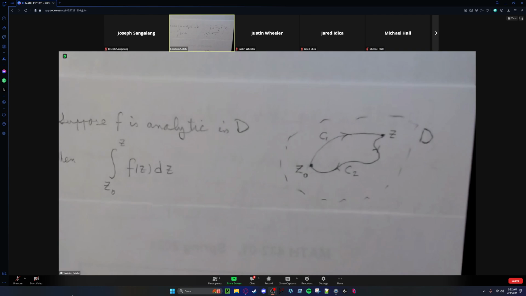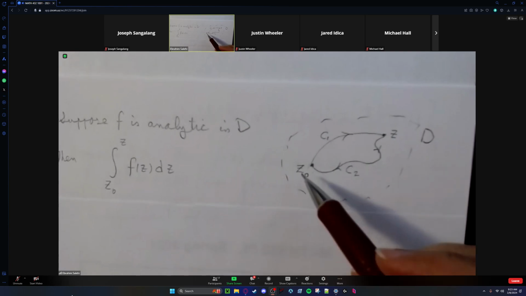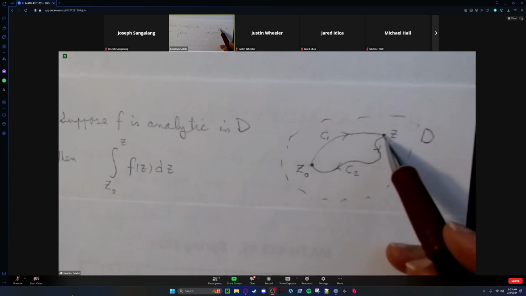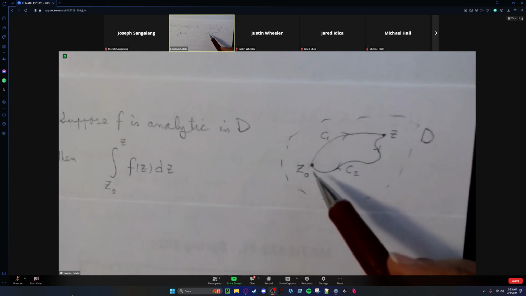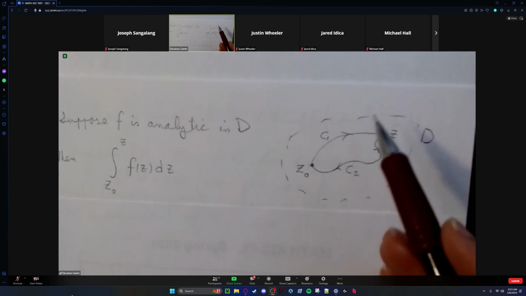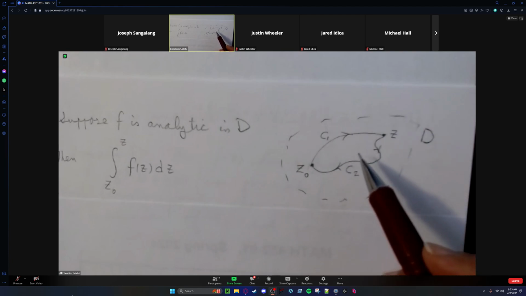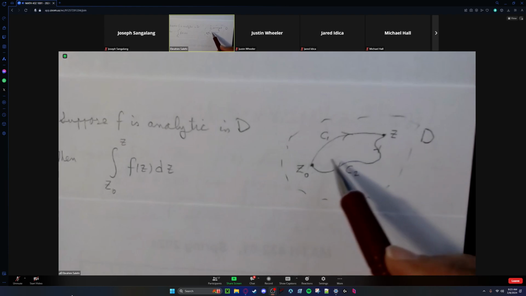Well, remember, in complex analysis, we always integrate over a curve. So we need a curve going from here to here. When a function is analytic, the question is, does it matter which curve we choose?